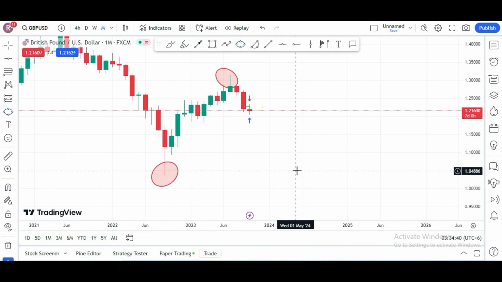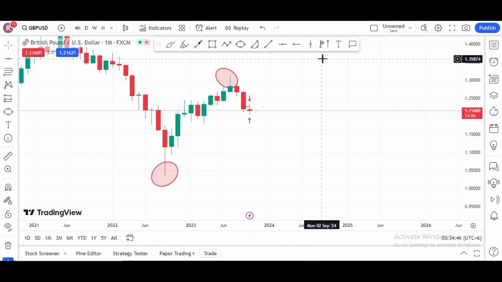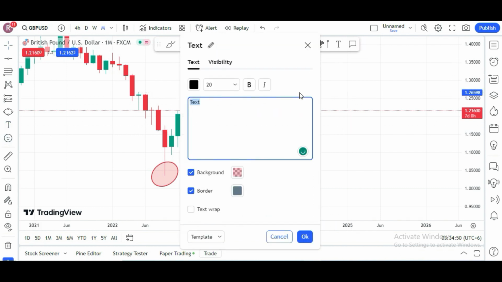There are three things on the basis of which we will try to analyze the market. One is the structure of the market. The second is the price action.